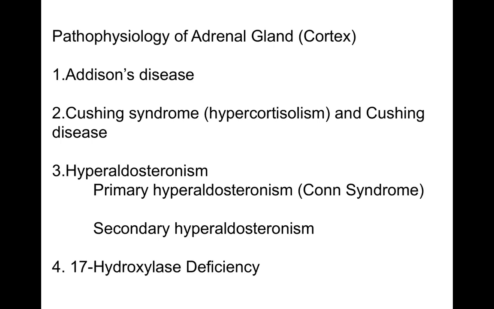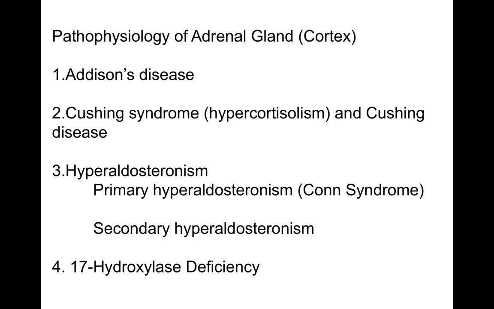Next, going forward, is Cushing syndrome or Cushing disease. So there is excess production of cortisol. It's just the opposite of Addison's disease. Again, just remember, they are of two types. Number one is primary, the other is secondary.